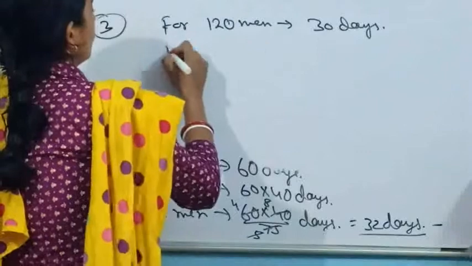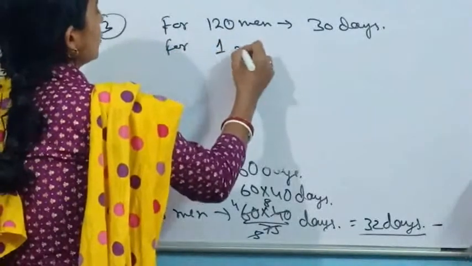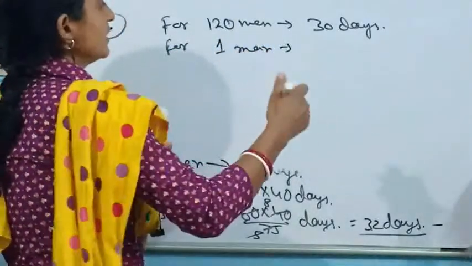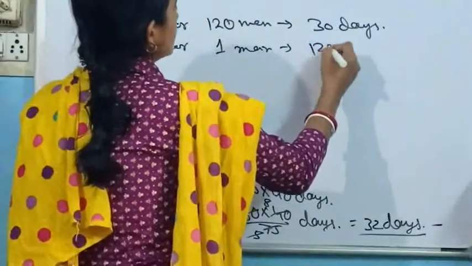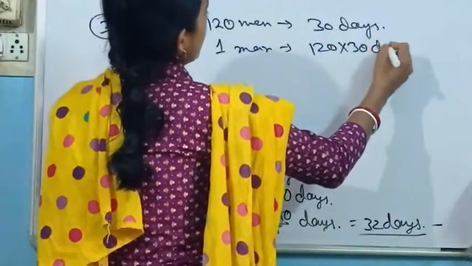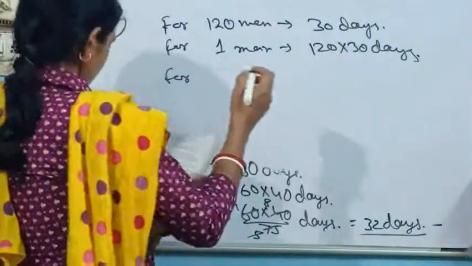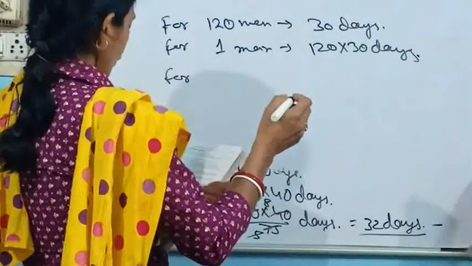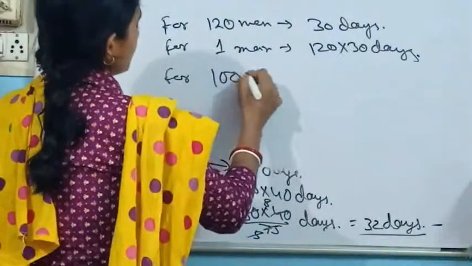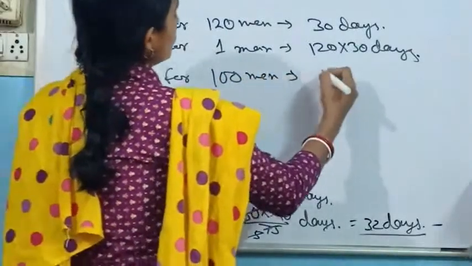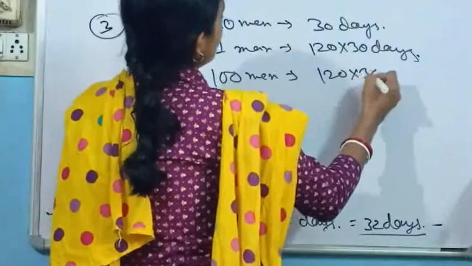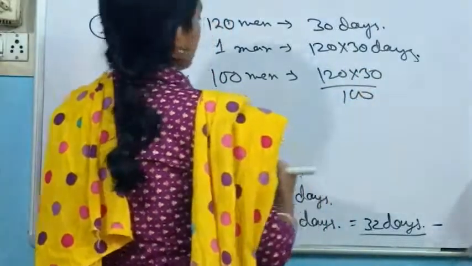If I am talking about one man, that food will last for many more days. Now here it has been given for 100 men, so it will be sufficient for how many days? That will be 120 into 30 by 100.